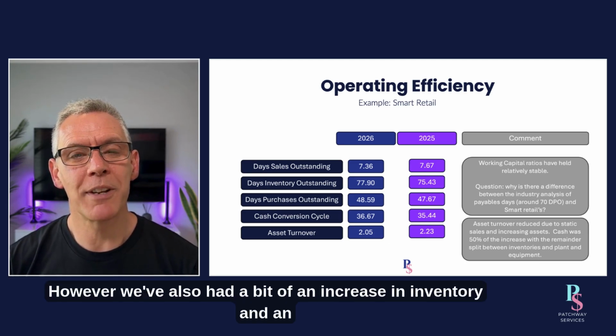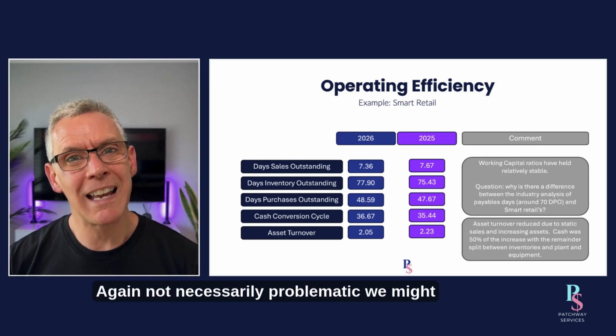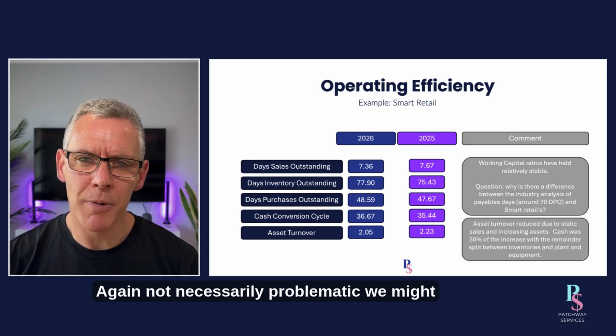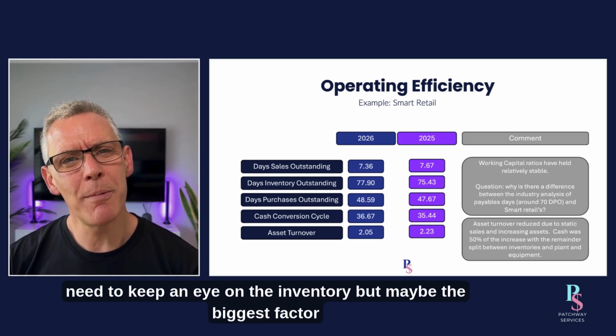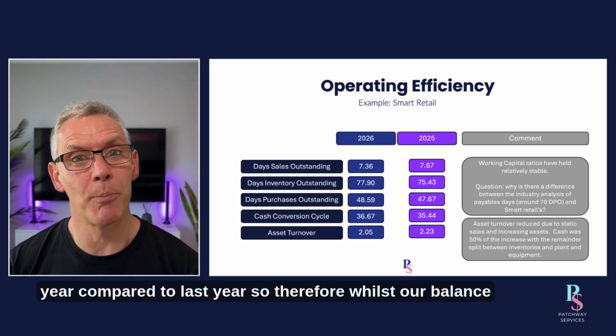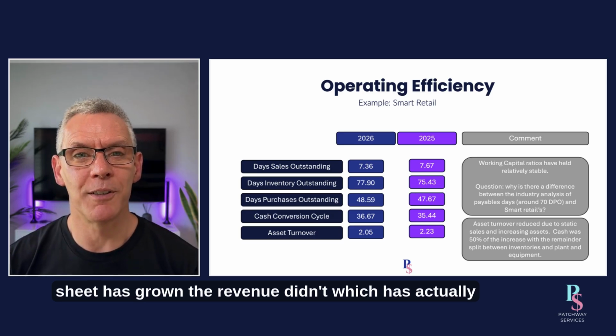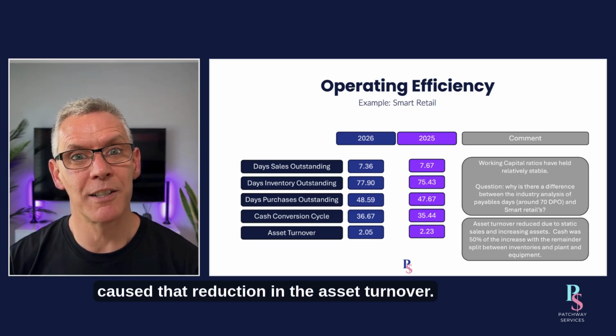However, we've also had a bit of an increase in inventory and an increase in our plant and equipment. Again, not necessarily problematic. We might need to keep an eye on the inventory, but maybe the biggest factor is that our sales didn't really increase this year compared to last year. So therefore, whilst our balance sheet has grown, the revenue didn't, which has actually caused that reduction in the asset turnover.